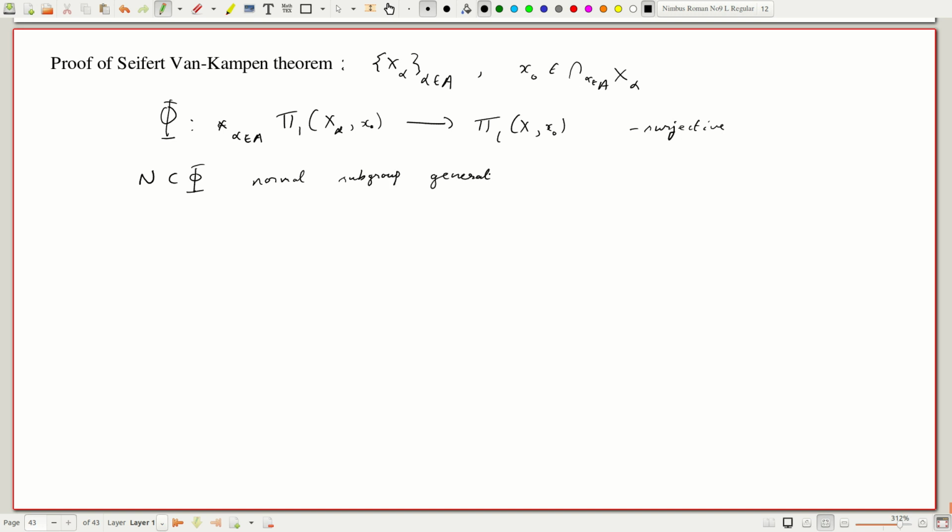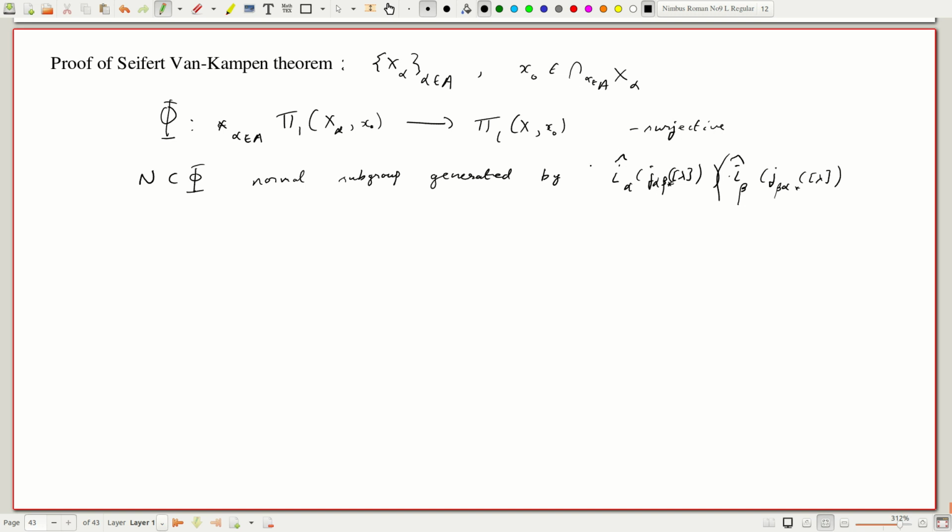generated by relations saying that if you take something in the intersection and include it in two different spaces, you get the same loop. If you take a loop in the intersection, we are looking at elements of the following form: i hat alpha of j alpha beta star of lambda, the loop lambda, times i hat beta of j beta alpha star of lambda, with the second one inverted.